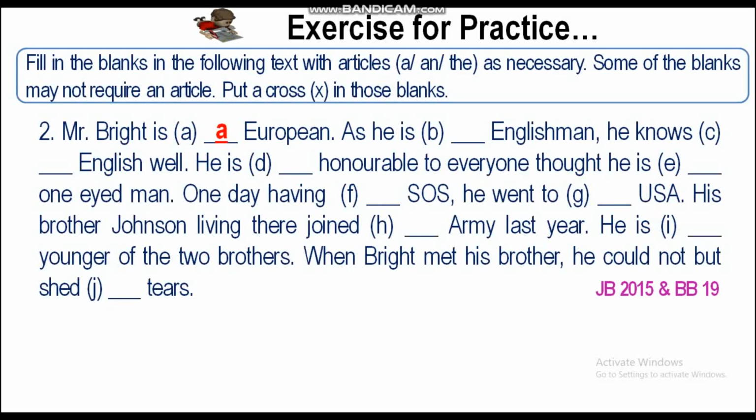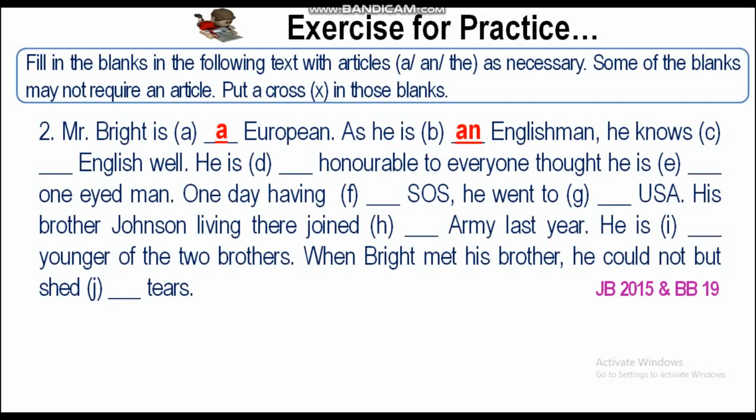As he is dash Englishman, here the word Englishman also starts with a vowel, and its beginning pronunciation is not like yu. So article an will be used before Englishman.